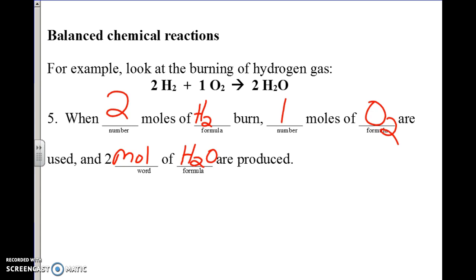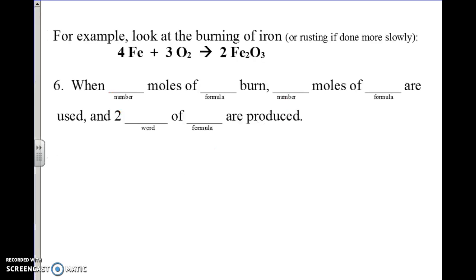So that's using stoichiometry in its very basic format. Try the next problem on your own before you watch me solve the problem.